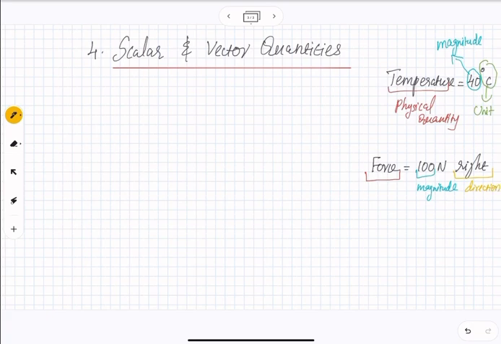So when we look at these two examples, we can see that temperature is a physical quantity. When we represent the temperature, we don't have to mention the direction. Direction doesn't matter. We can measure the temperature of a glass of hot water in any direction. It will remain same. But for force, we have to mention the direction, because when the direction changes, the object will move in different directions.